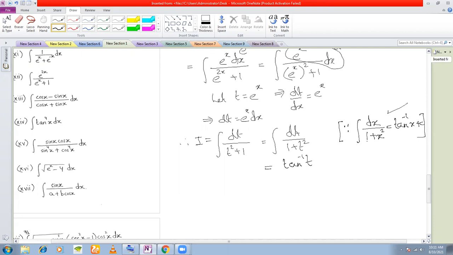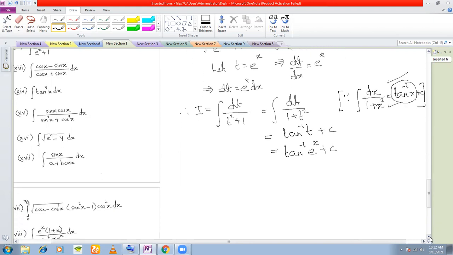Now from differentiation, how do you deduce? Because you know the derivative of tan inverse x is 1 by 1 plus x square. Therefore the integration of 1 by 1 plus x square will be equal to tan inverse x. So this is tan inverse t. Here there is one, so we did not put anything.